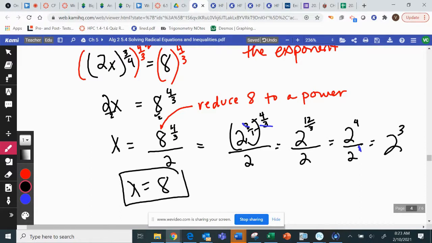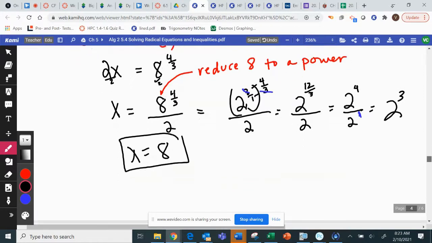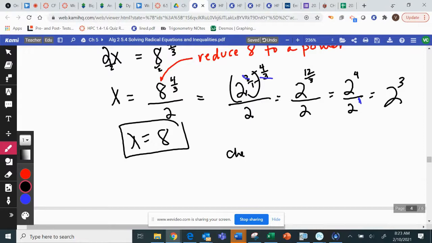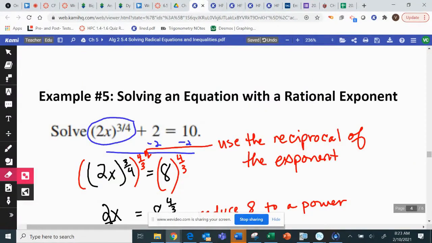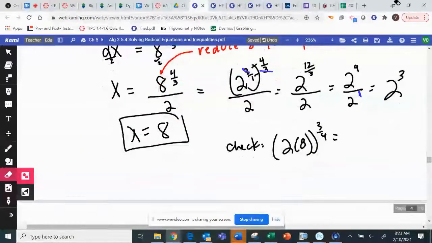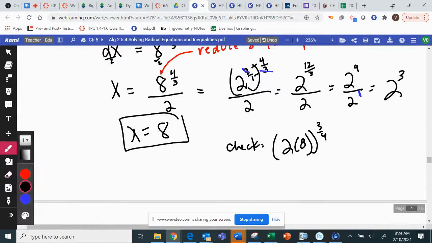How do I know if I got it right? You can check it. So to check it, you don't move the 2 over.